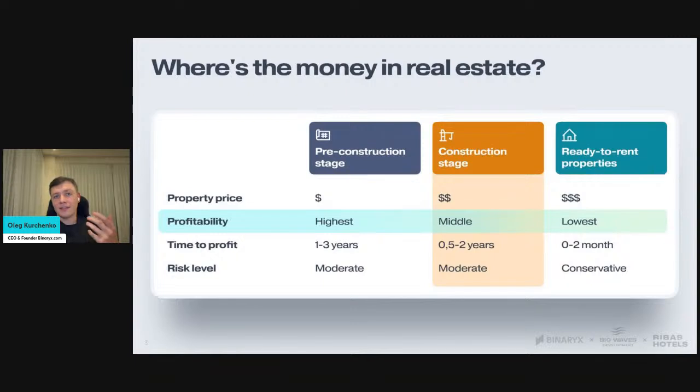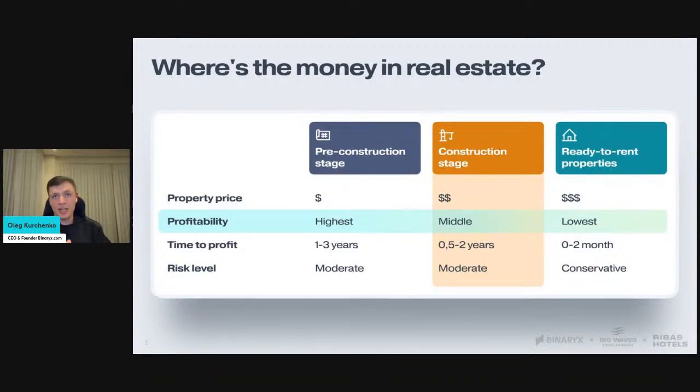That stage is not available on Binaryx at the moment, but in the future we plan to add it too. We understand this possibility can bring really good rewards and benefits, and the property price will be the lowest. But right now we are focusing on the other two.